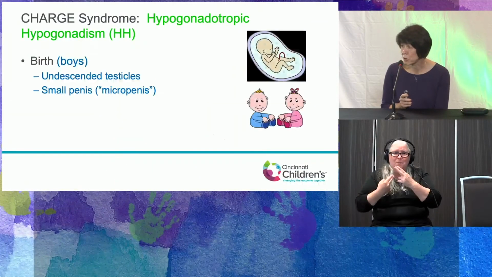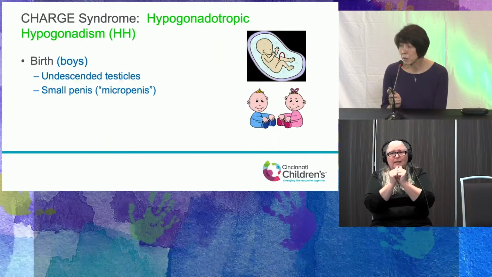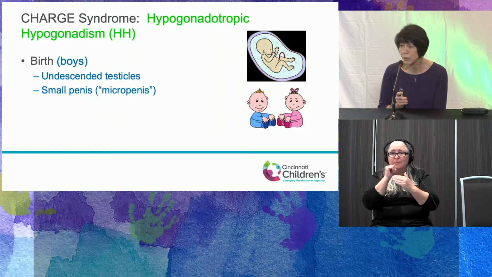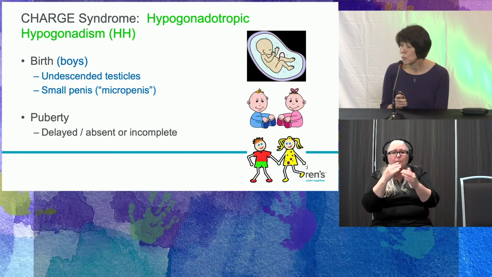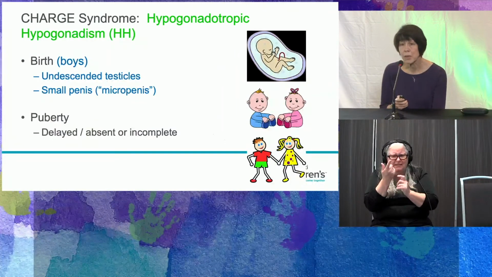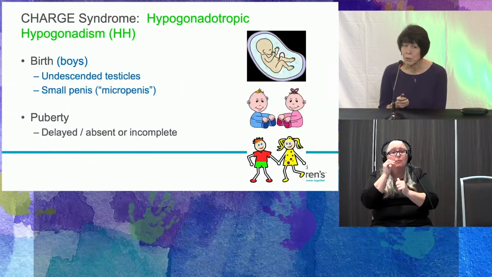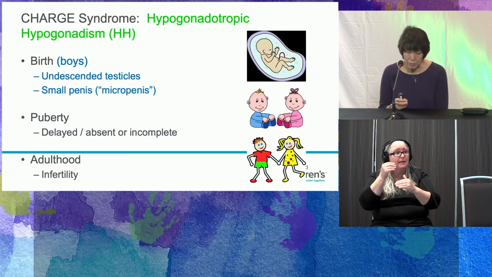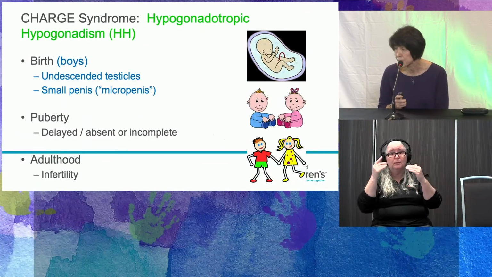So in CHARGE syndrome, hypogonadotropic hypogonadism may manifest as follows. At birth, boys may have undescended testicles or a very small or micro penis. At puberty, in boys and girls, puberty may be delayed or absent, or may start but not progress all the way. And then in adulthood, which we don't really see as we see children, there may be infertility.